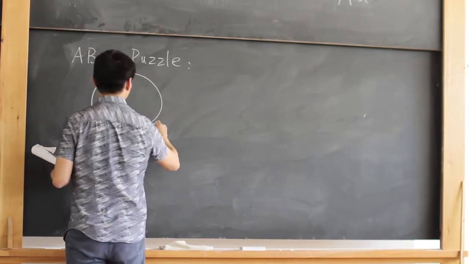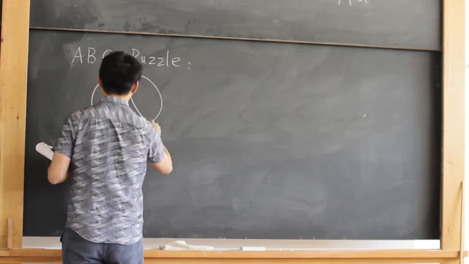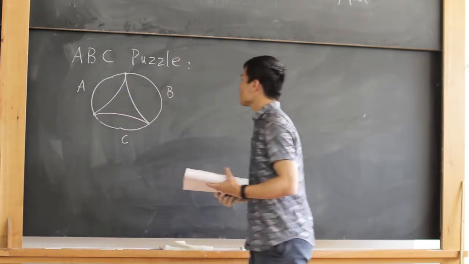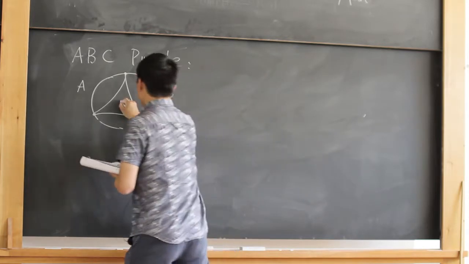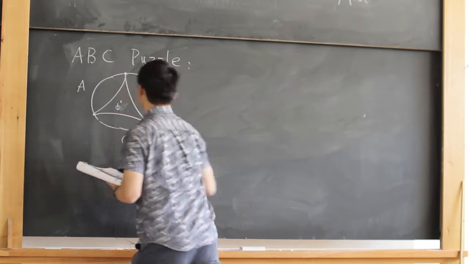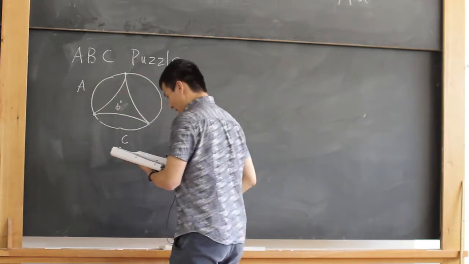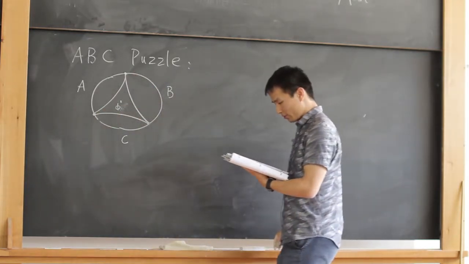So the idea is to divide the boundary into 3 equal regions, A, B, and C. And the operator at the center is, again, phi. This is, again, a single time slice. And I've drawn 3 geodesics corresponding to these 3 regions.